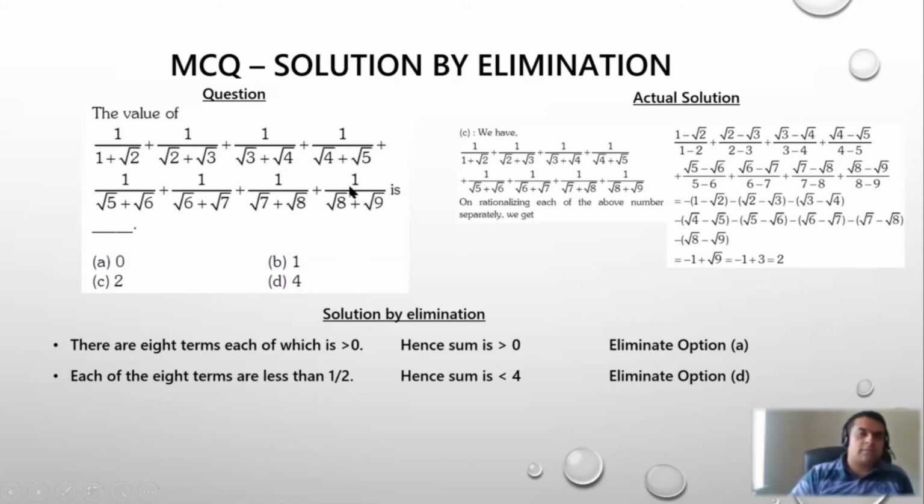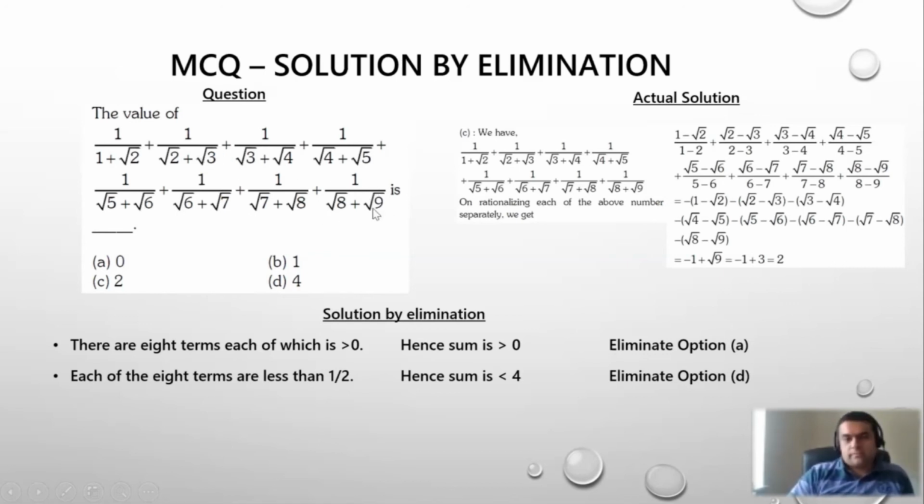Why do you say it is the smallest term? Because the denominator is the biggest among all these terms. Because like I said earlier, 1 by square root of 8 plus square root of 9 is a number which is very close to 1 by 6. 1 by root 9 plus root 9, which is 1 by 3 plus 3, which is 1 by 6.